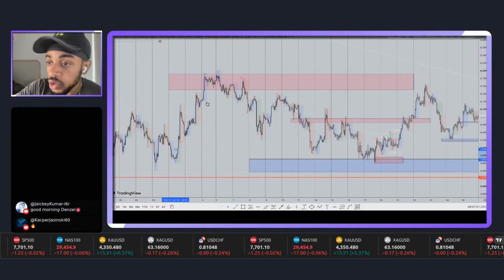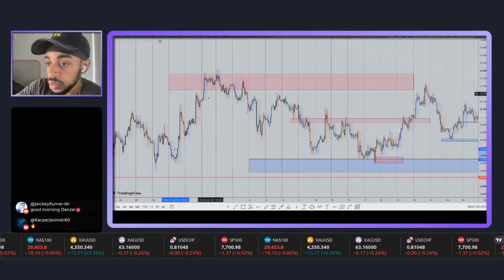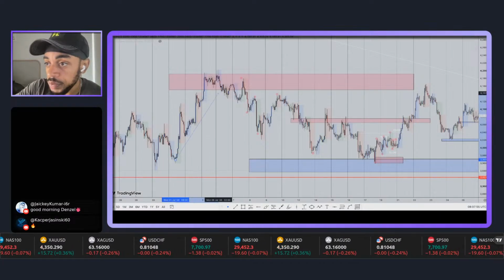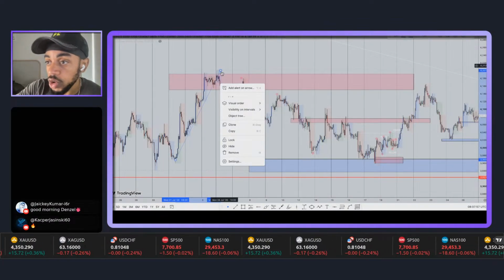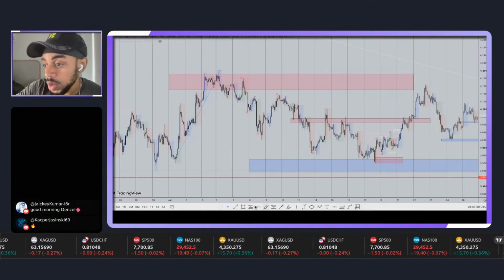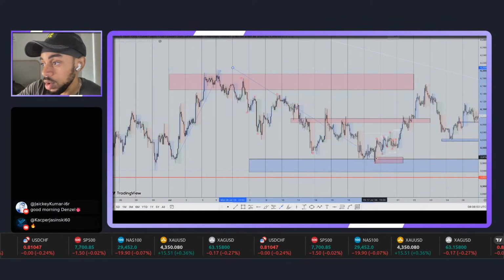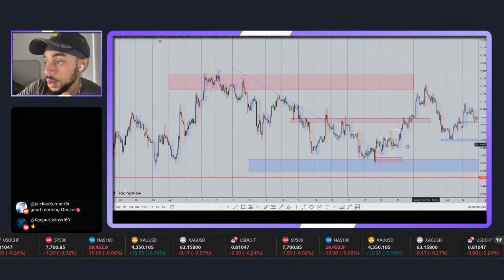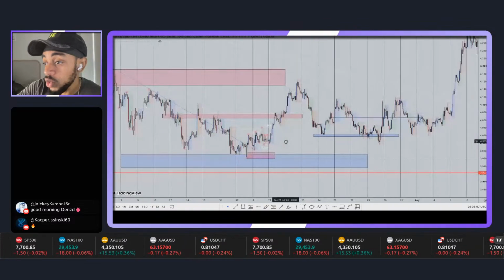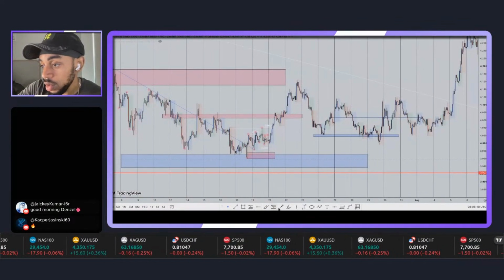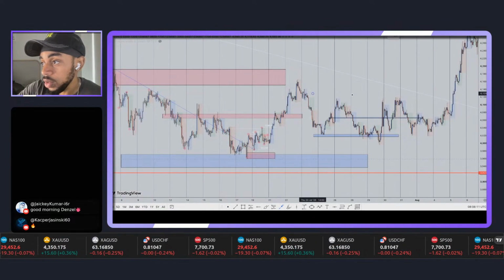It'll move in an uptrend. The second direction is the opposite, a downtrend. And the last direction it'll move in is a range, so sideways.